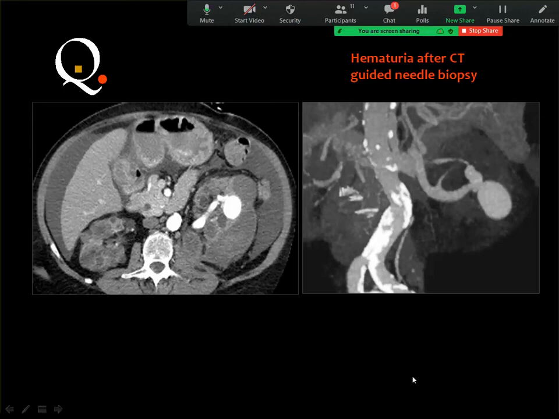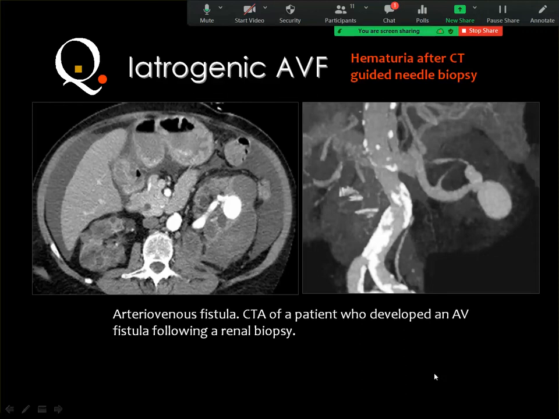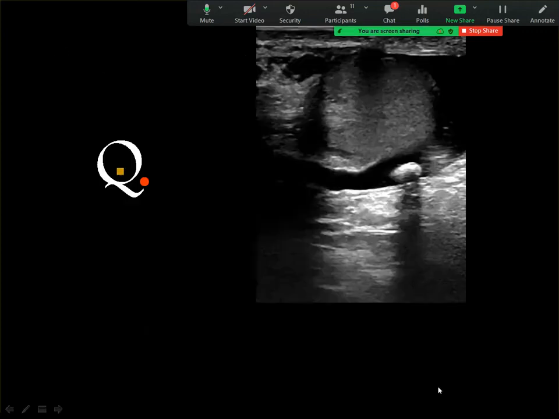So the lower pole is the suitable one for the biopsy. And here you can see that blood is going from the renal artery to the renal vein as well, and this is an iatrogenic arteriovenous fistula.